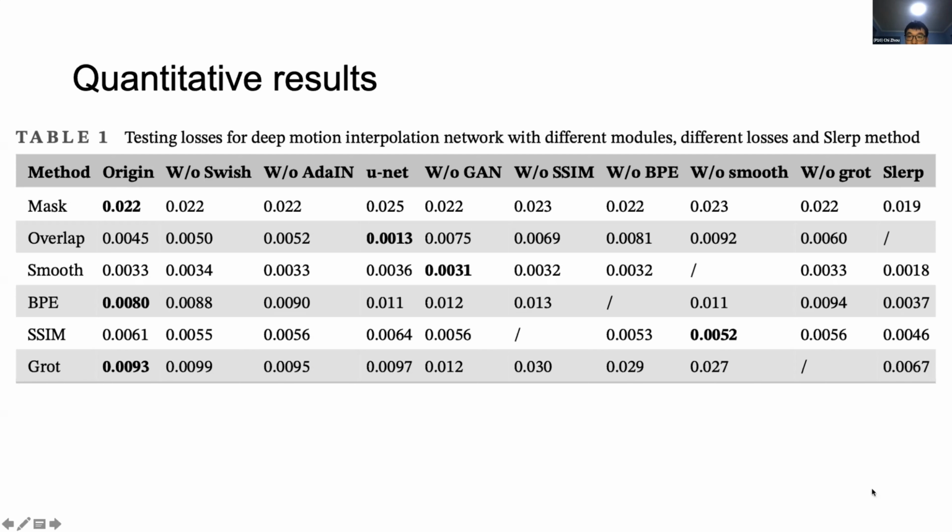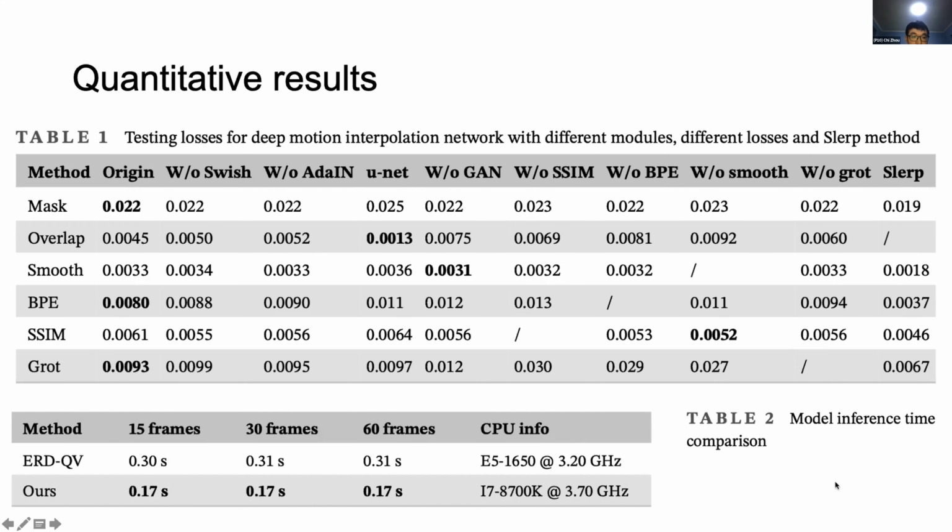And we also conduct an ablation study to verify the impact of each component of our proposed network and the influence of different loss functions together with gain loss, as shown in this table. And then we conduct a speed comparison with another LSTM-based method.